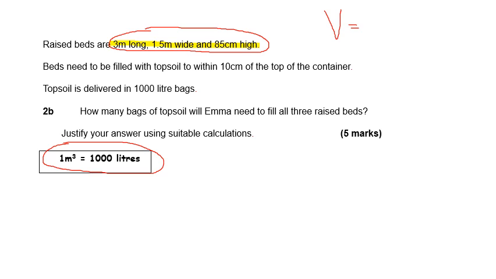To get the volume of these shapes, it's a simple enough formula. It's length times width times height. And you've probably seen it written like that before somewhere: LWH, length times width times height. When things are together, it means you multiply. So that is essentially the first thing we have to do here, is work out the volume of each raised bed.